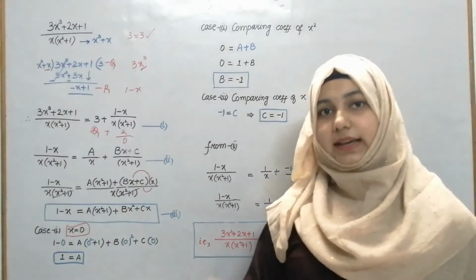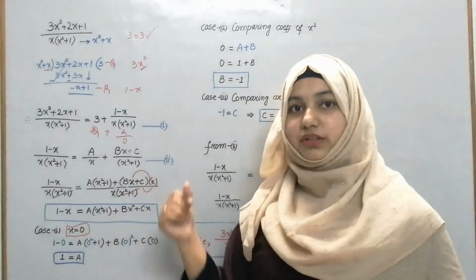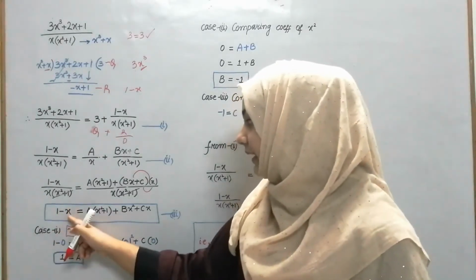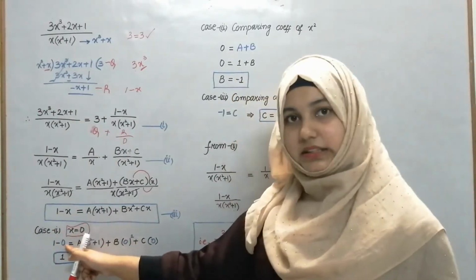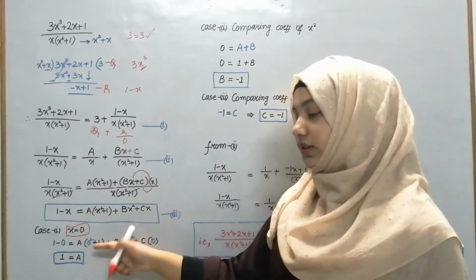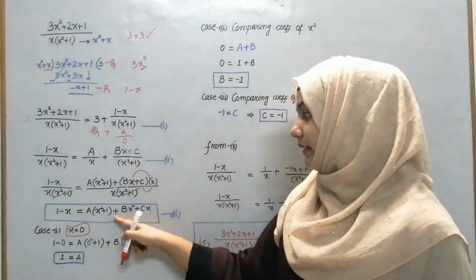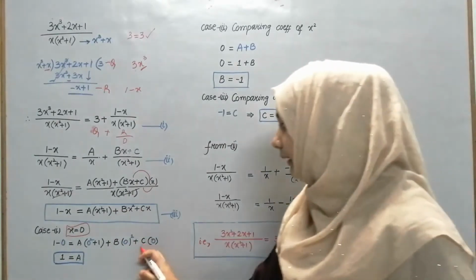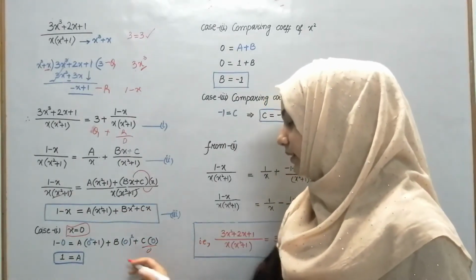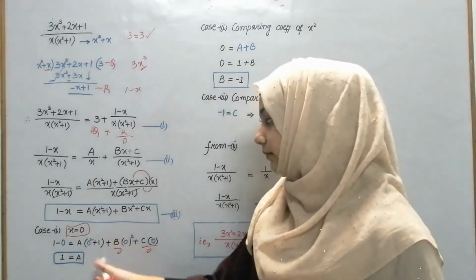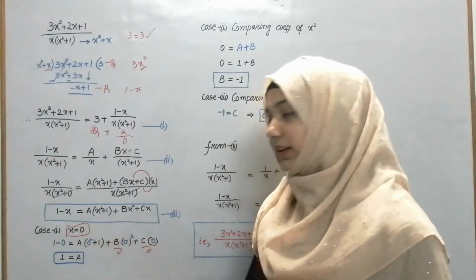So wherever I find x in equation 3, I'm going to write 0 instead of that. So here 1 as it is. In place of x I need to write what? 0. Then a into what is x? 0. 0 square is 0. Plus 1 as it is. Plus b into 0. Plus c into 0. So 0 into anything becomes 0. 0 into anything becomes 0. Here this will be plus 1. So a into 1 is a.